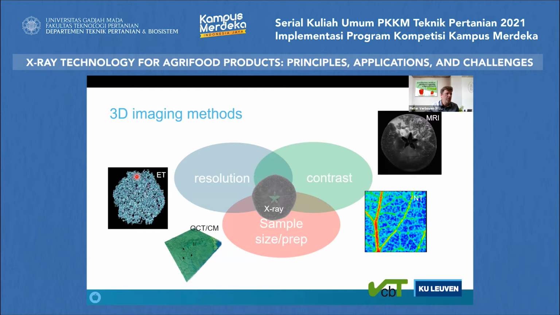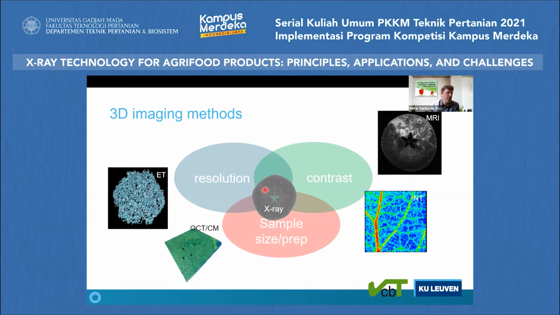And if you bring all these aspects together, then, well, of course, it's a little bit biased because we are X-ray users, but we believe that X-ray is an ultimate technology that combines all these aspects in the best way. So X-ray, as I will explain later, will allow you to look at resolution over a wide range of scales, from sub-micron dimensions up to large scale, in the meaning of centimeter dimensions of products.